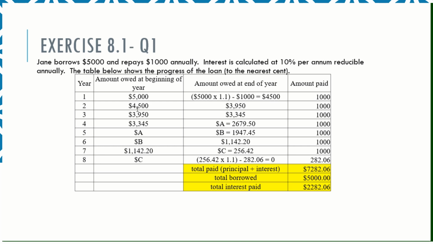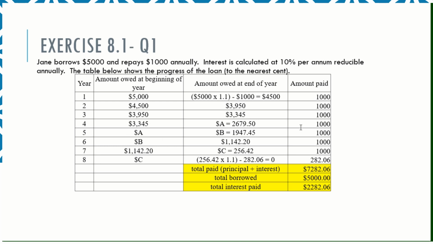You do the same thing. 4,500 times 1.1 minus 1,000, you get 3,950. 3,950 new owing. You do the same thing, times 1.1. If you don't want to multiply by 1.1, you can do this also. Times 10%, which is 395. Then you add 395 back to 3,950. Then you minus 1,000. Okay? Then you will get 3,345.